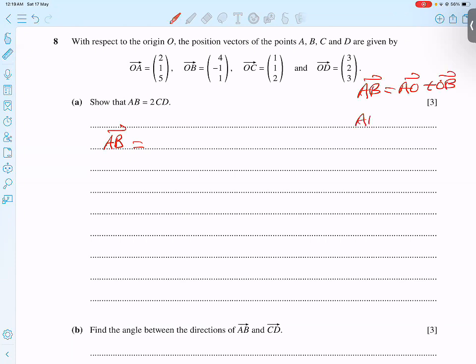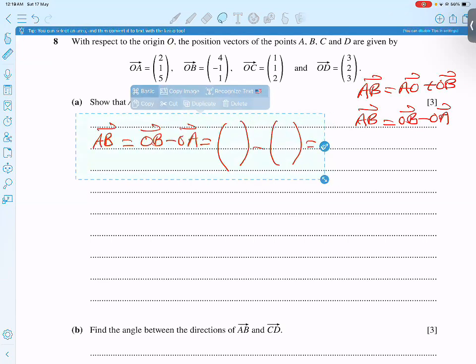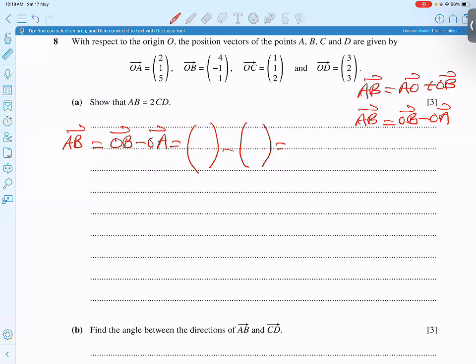But I always write it this way: vector ending, that is B, so I'm writing OB minus the starting one. So no problem at all. Both are the same. So I'm writing OB minus OA, which will give us our answer.